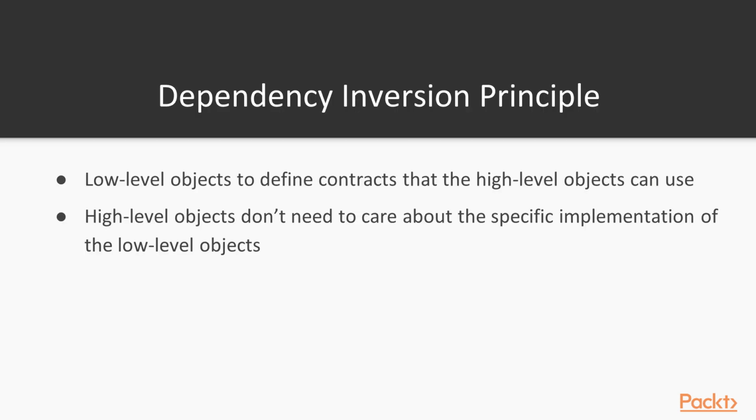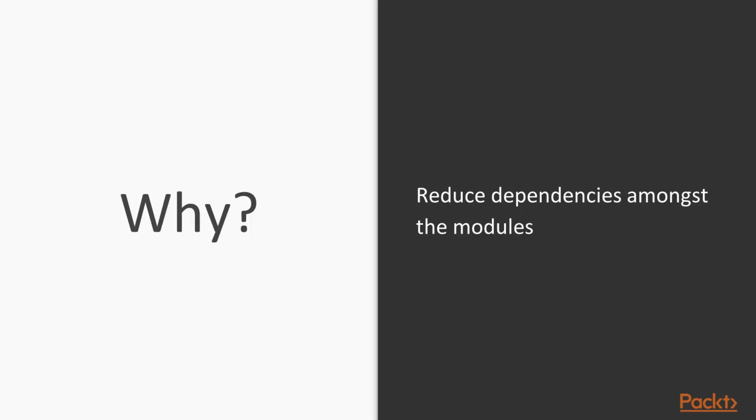When we apply this principle in our code, we get into a state where low-level objects are actually defining contracts that high-level objects can use. This way, high-level objects don't need to care about specific implementation of the low-level objects. If you ask me why we are doing this, well, basically we are removing direct dependencies from our system.